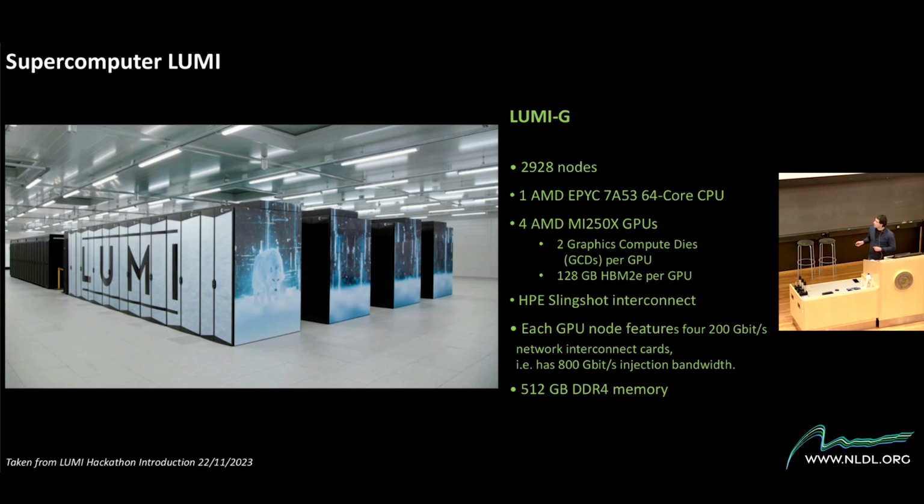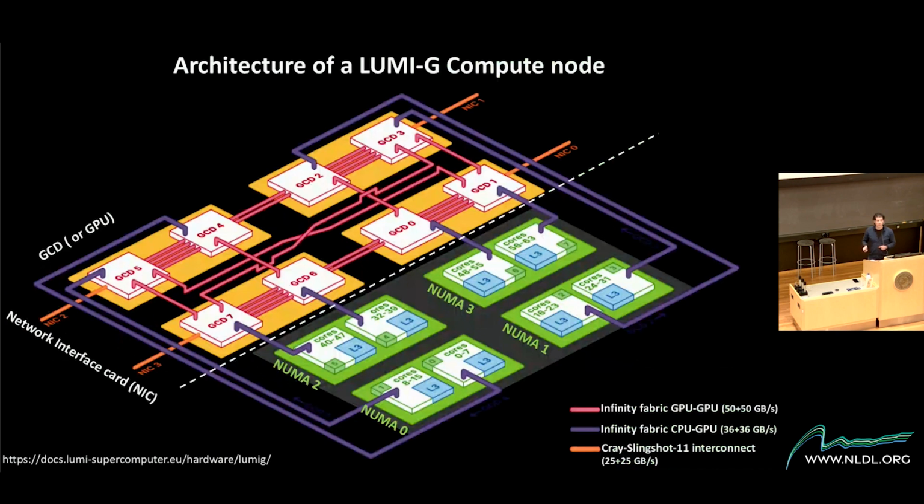So if we go to see what the compute node looks like, this is a compute node. The white line divides the GPU part on the left-hand side and the CPU part on the right-hand side. You can see some interconnects here, which are described here, and the associated bandwidth is also described there.